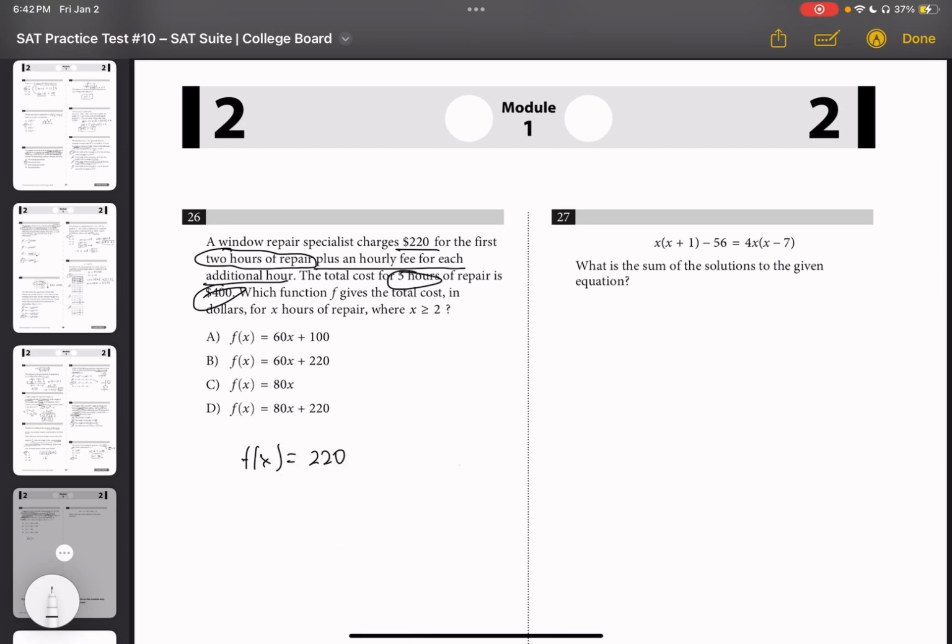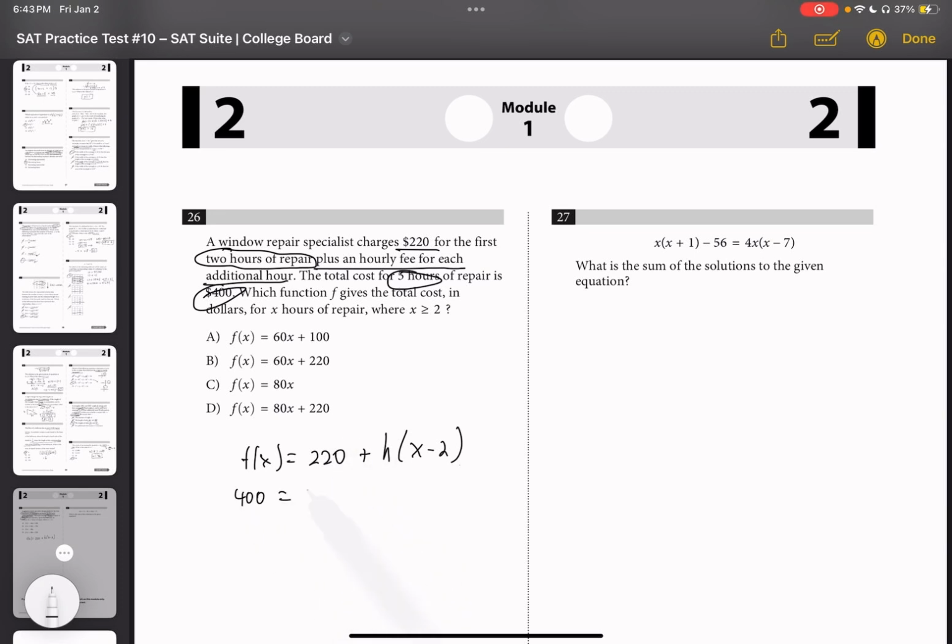So we know that 220 represents the first 2 hours, and then we're going to have an hourly rate h plus the amount of hours, x minus 2. We're doing x minus 2 here because we need to account for these 2 hours that are included in 220 already.